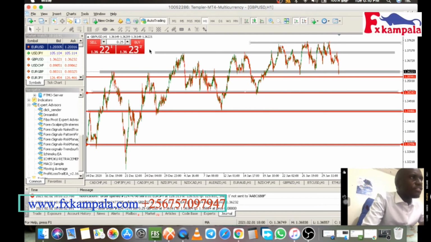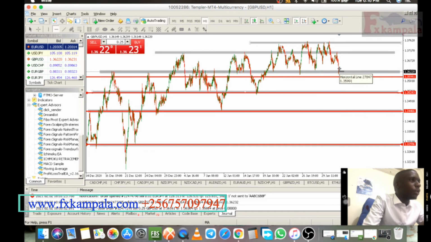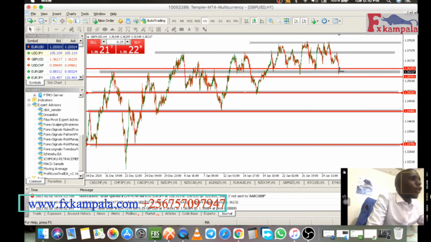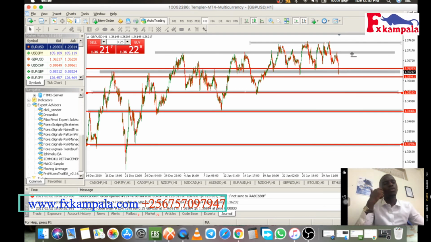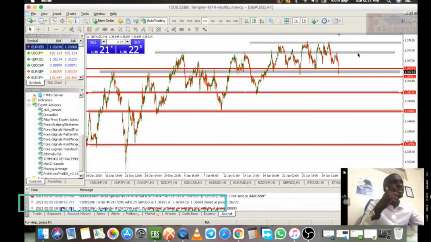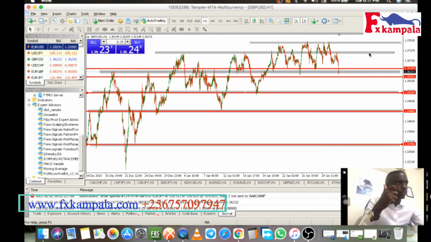If again it fails, but instead comes back and reaches this point, then this definitely means that it's going to go in for a buy, and the nearest point where we expect to come out of this trade, or put our take profit, would be the next zone.